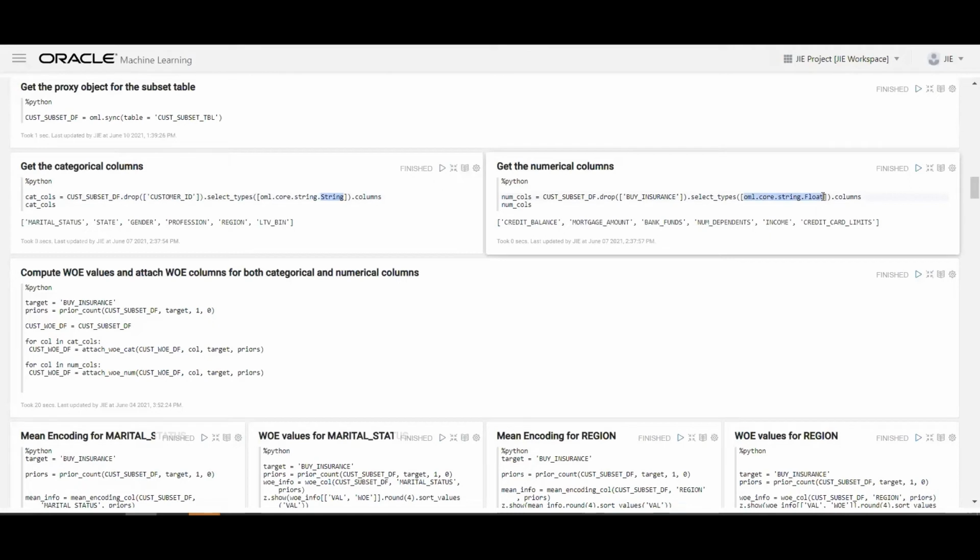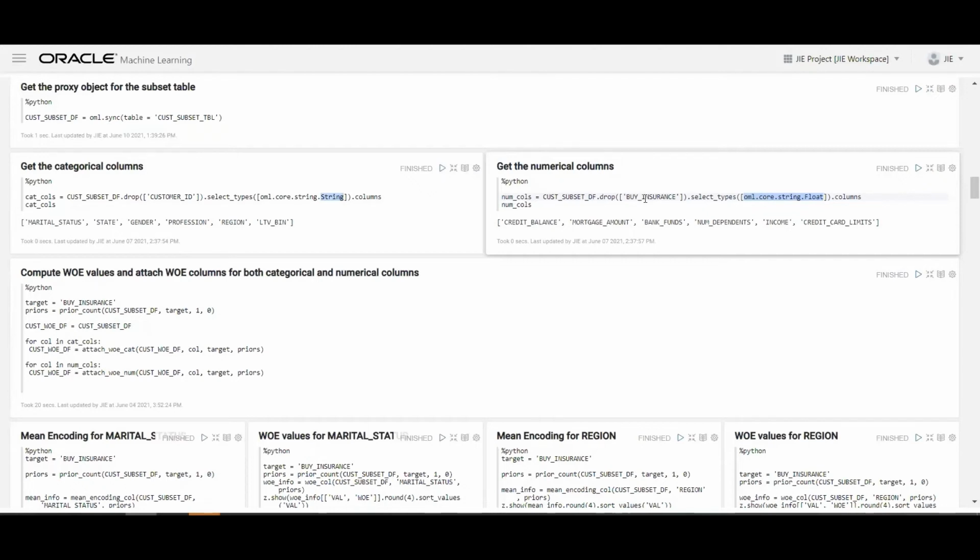So this is the float. And one interesting thing is that the weight of evidence only works with categoricals. How about the numerical columns? The answer is easy. You can just bin them, right? You bin the numerical variables to convert them to categorical variables, and you can calculate their weight of evidence.